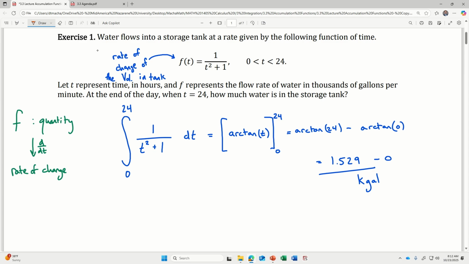So if I'm given some quantity and I take the derivative with respect to time, that tells me the rate of change of that quantity. Today what we're doing is we're given a rate of change, and we are now taking the antiderivative with respect to time to get back to a function that describes the quantity. Do you see how those ideas are related?